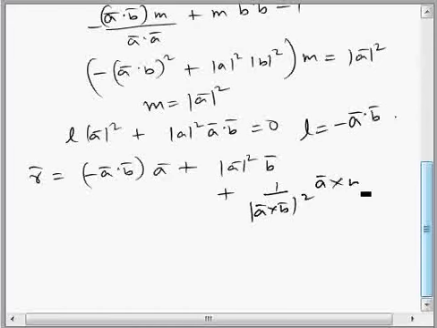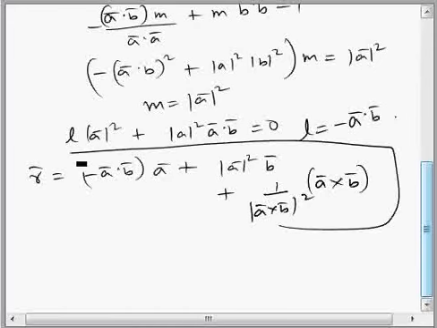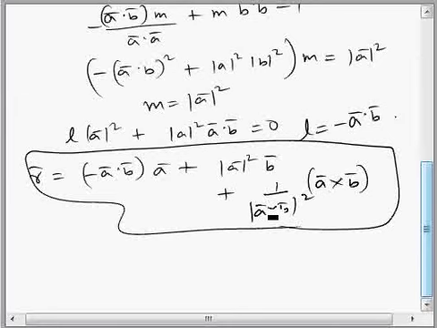So this is the r vector, and if you look at the choices, we have to simplify a little bit to see which choice matches. You can check all four choices. Choice C matches exactly with this. Answer is C.